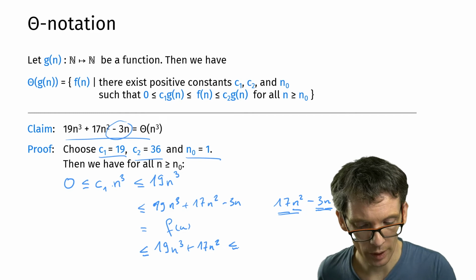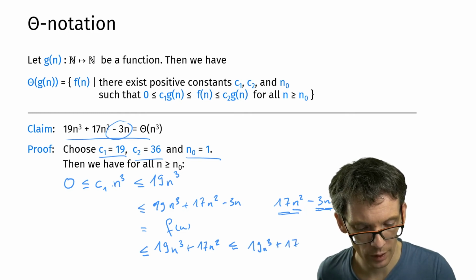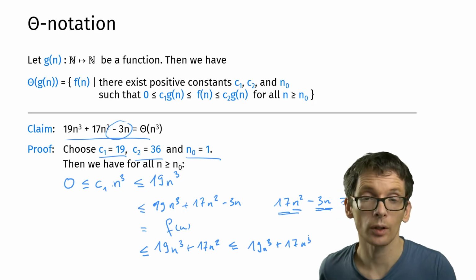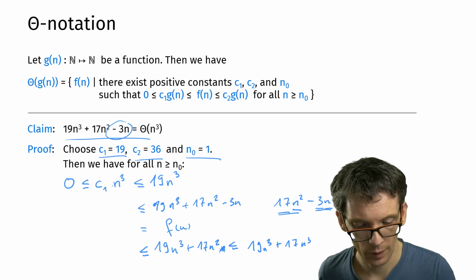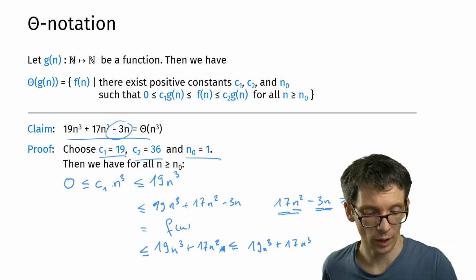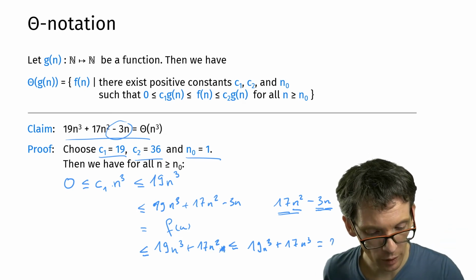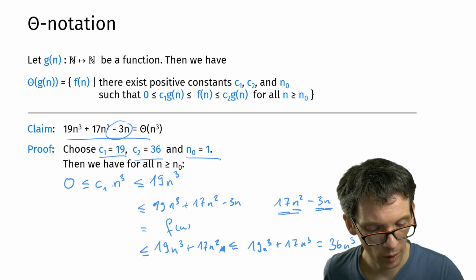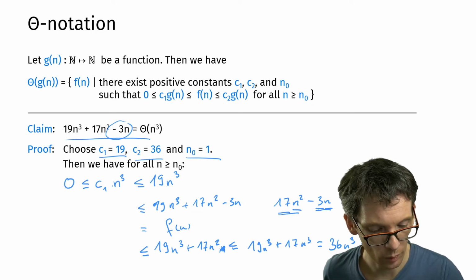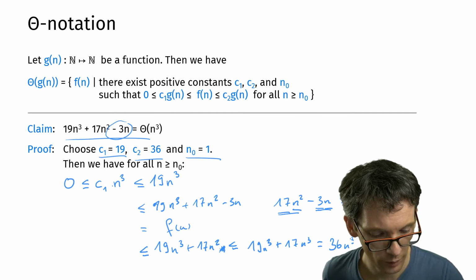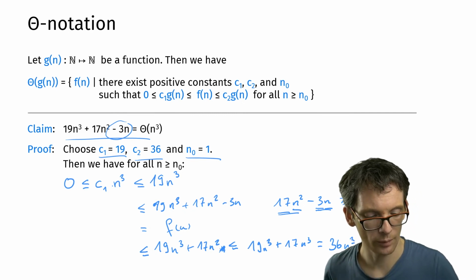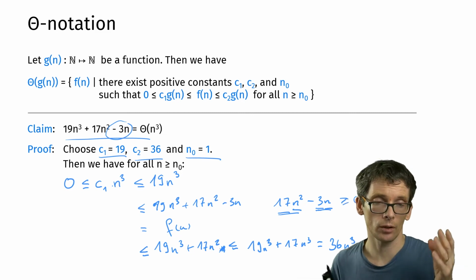So this is smaller or equal 19n cubed plus 17n cubed, because adding a factor n here again makes the function larger. But this is actually 36n cubed, which is C2 times g of n, with g of n being n cubed, which is exactly what we needed to show.